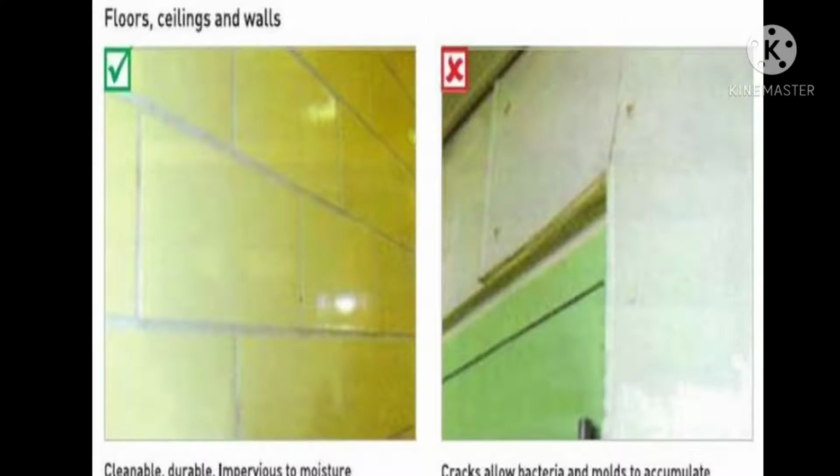Floors, ceilings, and walls should be repaired because cracks allow bacteria and molds to accumulate. The doors of the establishment should be made of smooth and non-absorbent surfaces, and they shall be easy to clean and disinfect.